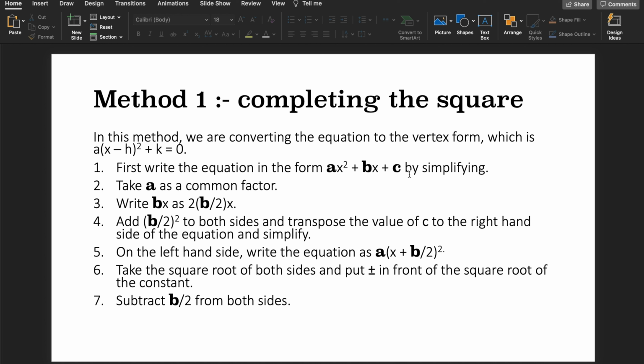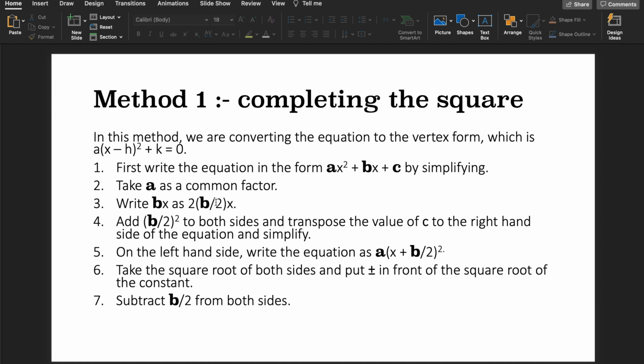And we'll have to take a as the common factor. You'll have to write a into x squared plus b divided by a times x plus c divided by a. Just remember these are constants, so you'll have to substitute the values related to your equation.